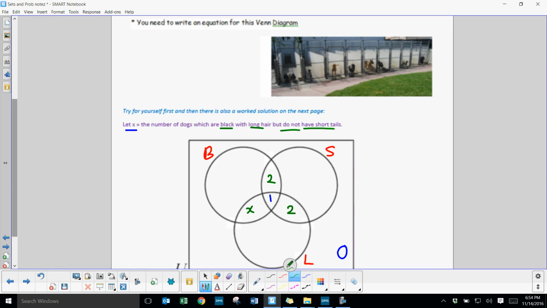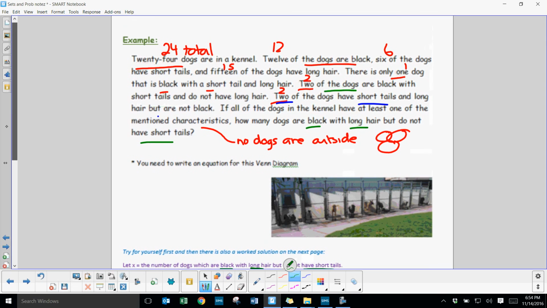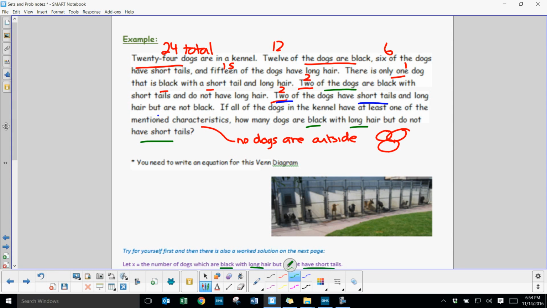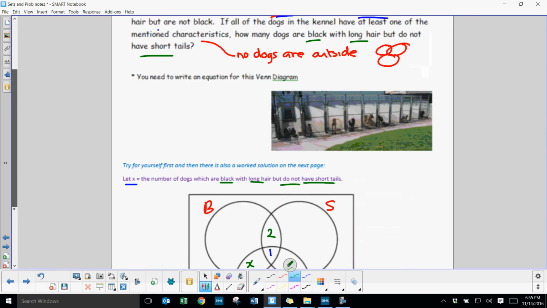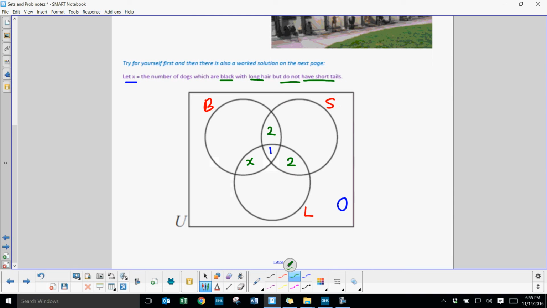So at this point we now need to come up with some expressions using x. Let's see how many dogs are meant to have black fur in total. 12 dogs, according to the question. Up here, 12 dogs are black in total. So we can come up with an expression for the part here, which is for black fur only.